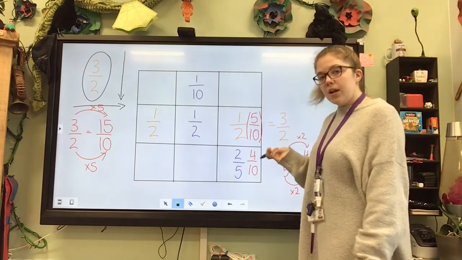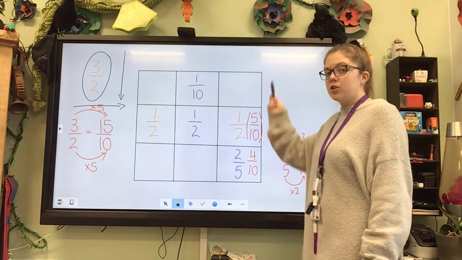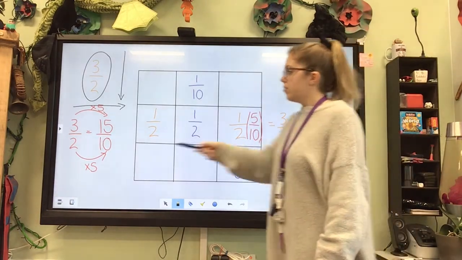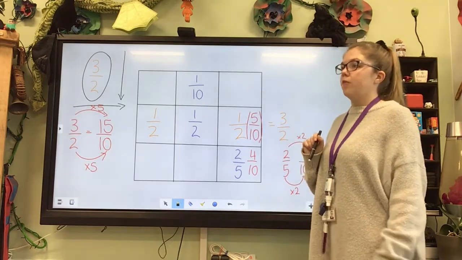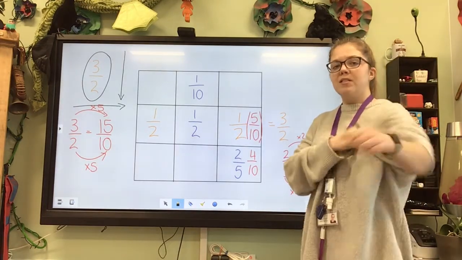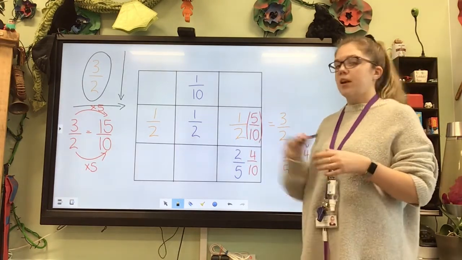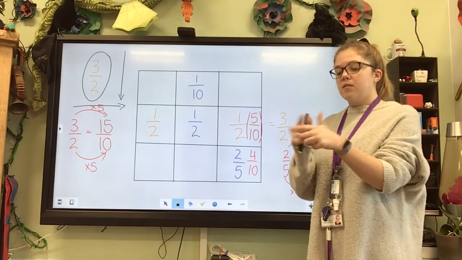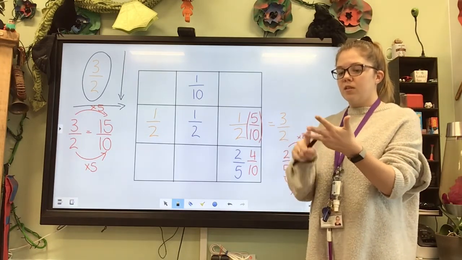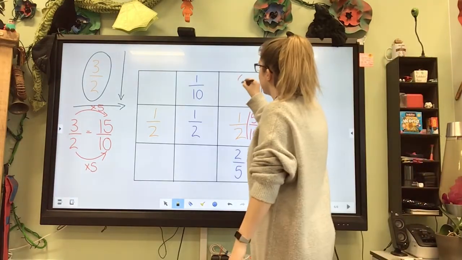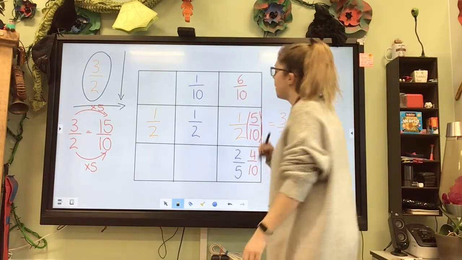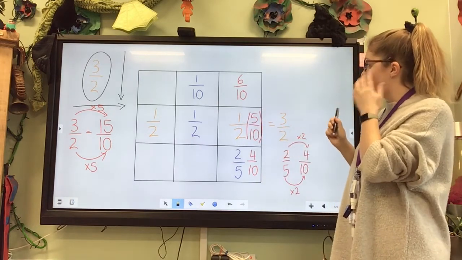What's the total I need to make in tenths for each column? That's right, it's 15. So if I've got 4 and 5, what have I got so far? I've got 9 tenths. What do we need to add to 9 tenths to get to 15? 10 tenths, 11 tenths, 12 tenths, 13 tenths, 14 tenths, 15 tenths. 6 tenths would get us to our magic number of 15 tenths.